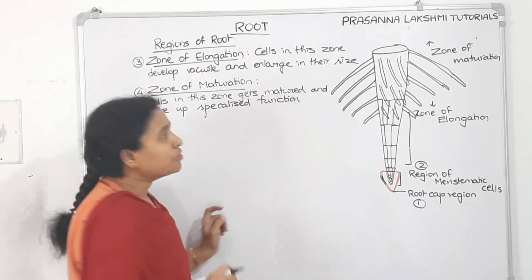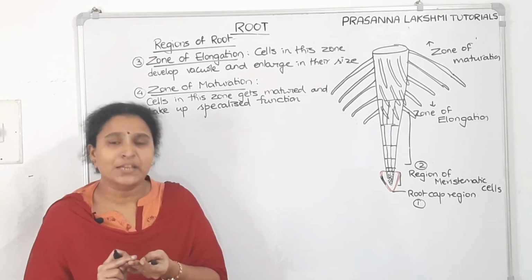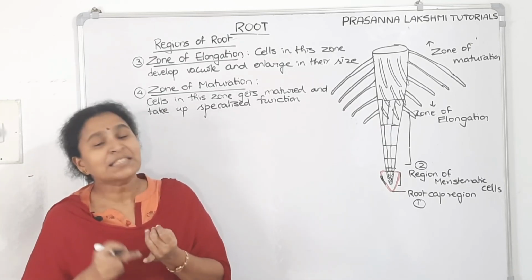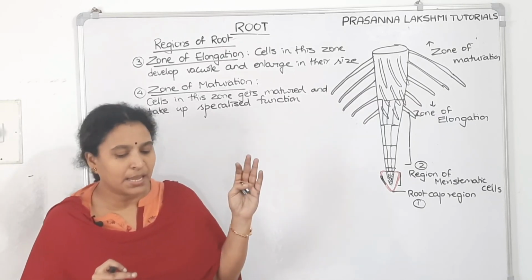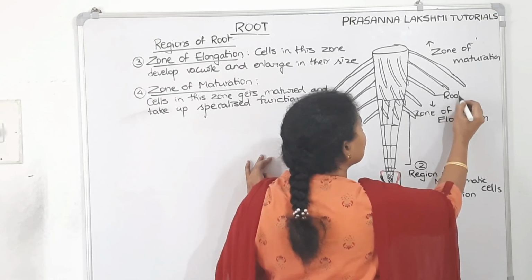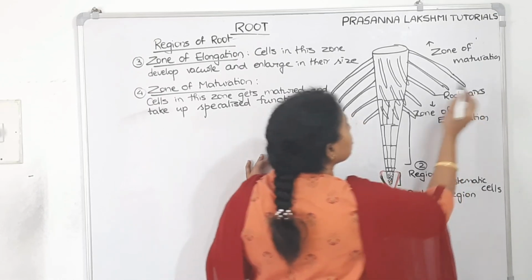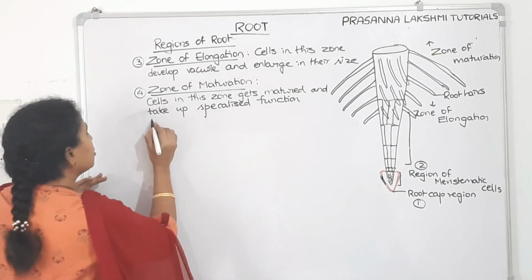In the maturation region only you can find the epidermis, cortex, stele, all the regions. And root hairs and lateral roots are also originating from the maturation region only. What are these structures we have seen? All these are root hairs. So root hairs and lateral roots are seen in the maturation region only.